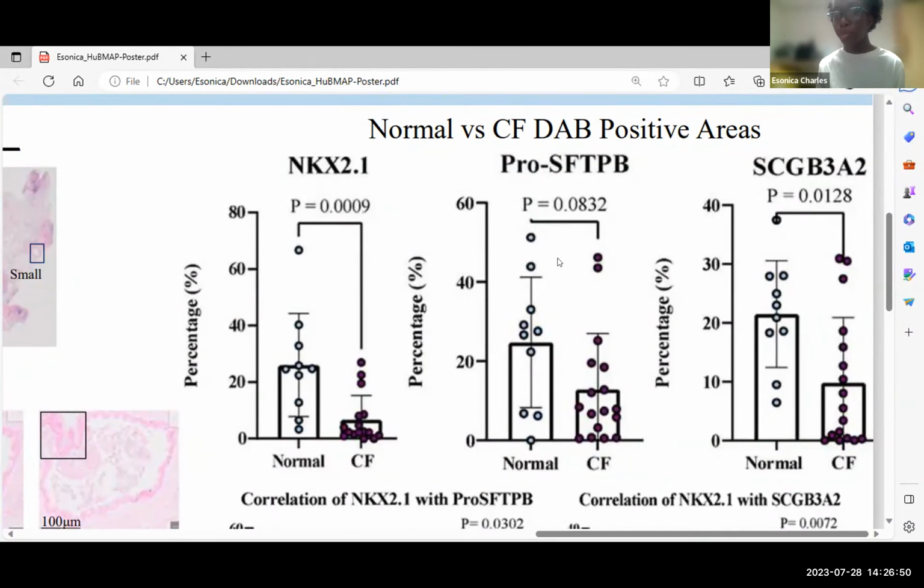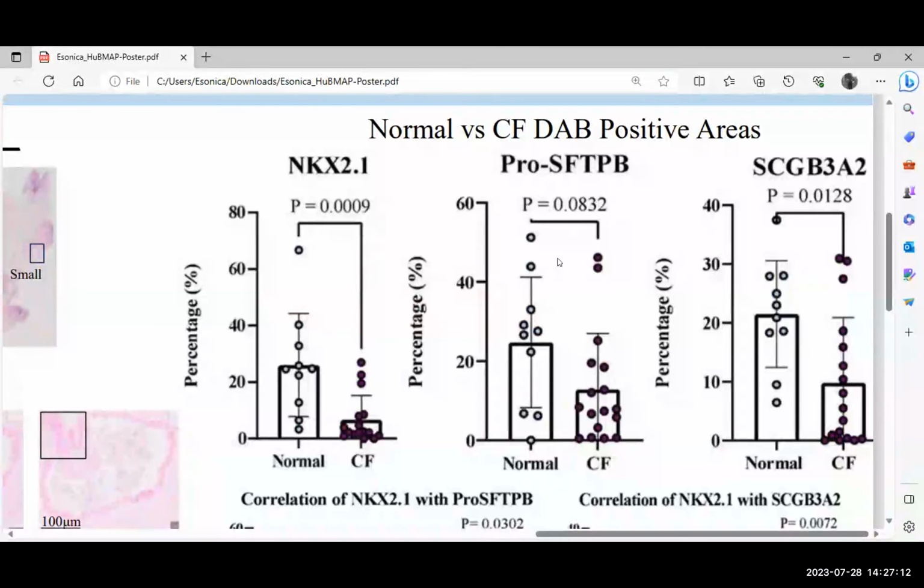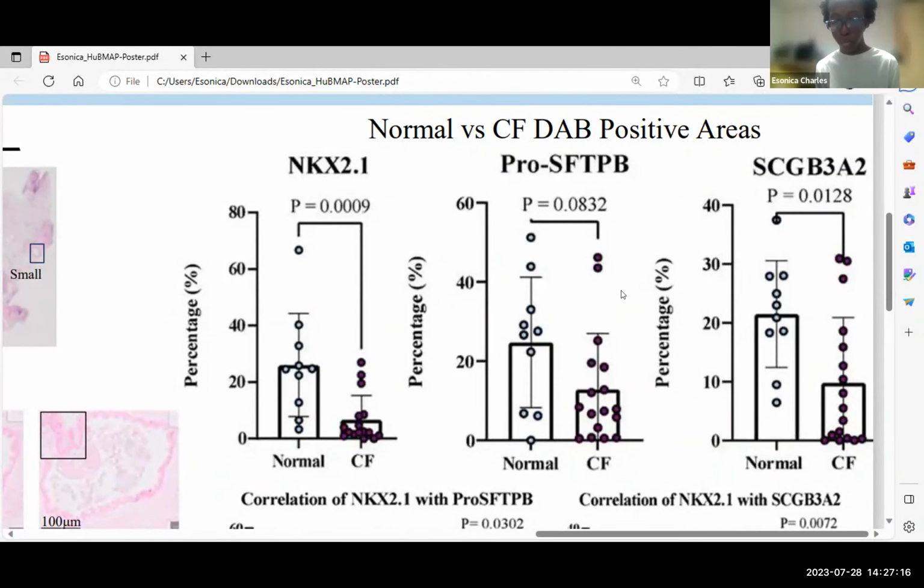The reason we think it is not as significant as NKX2.1 is, one, we only tested one airway for all of these markers as of right now, and two, we might need to increase our number of samples.